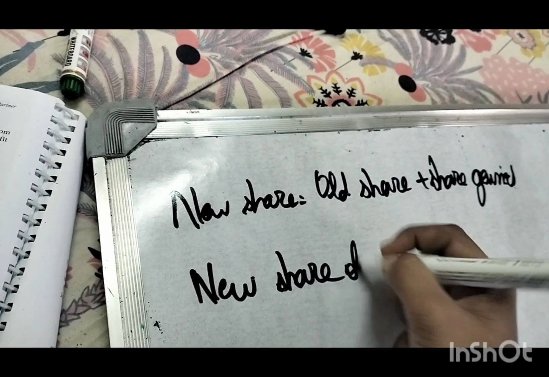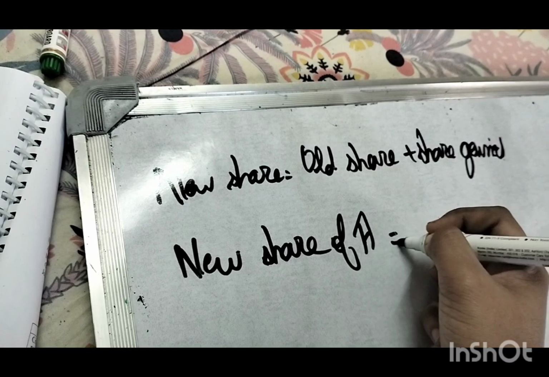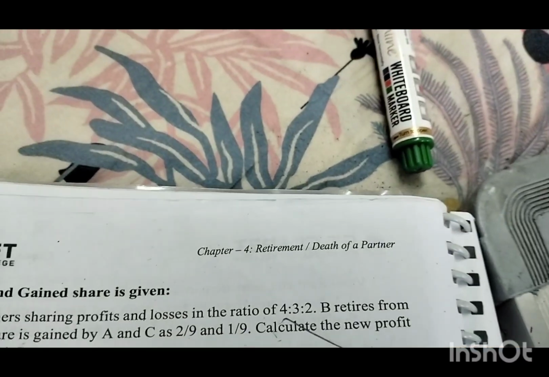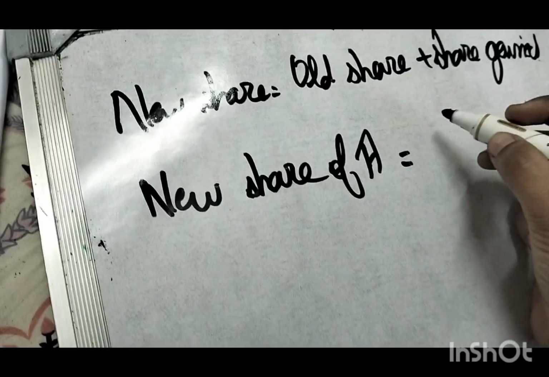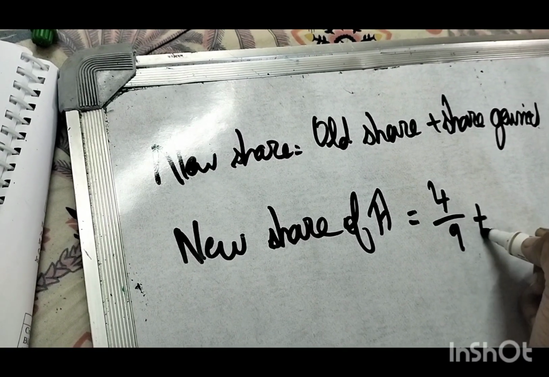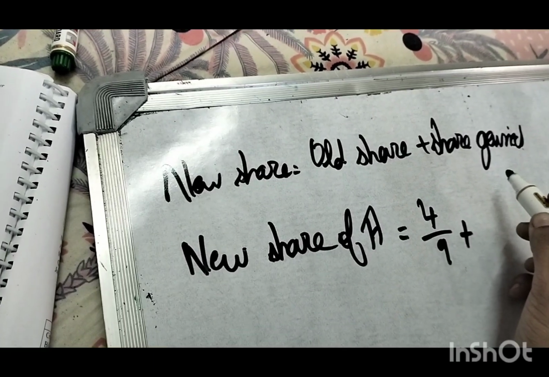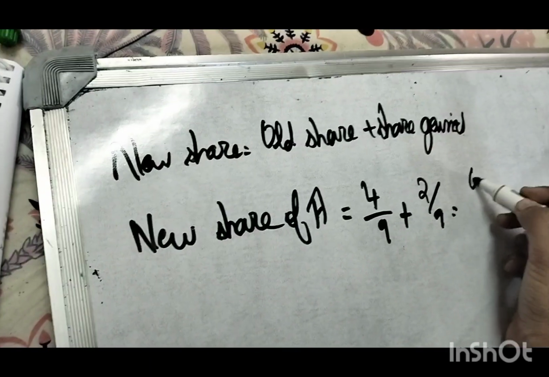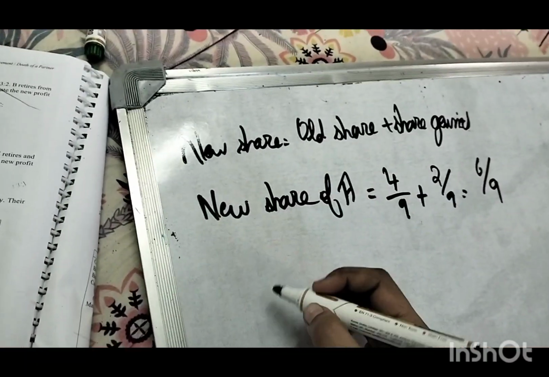New share of A is equal to old share, which is 4:3:2 as you can see, so 4 by 9 plus share gained by A, 2 by 9, which is given in the question. So it's going to be 6 by 9.